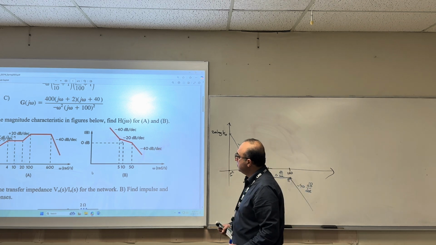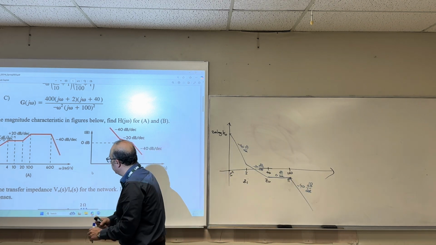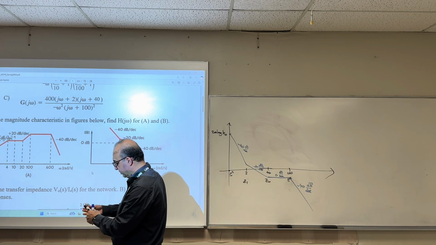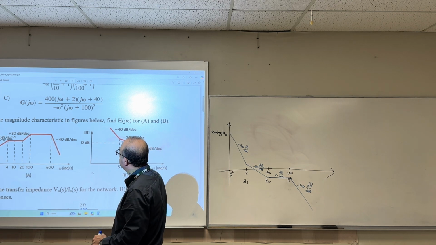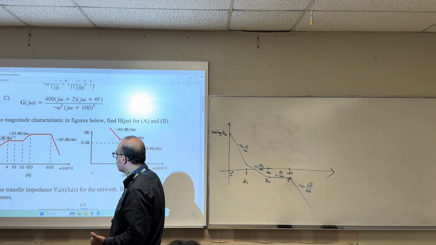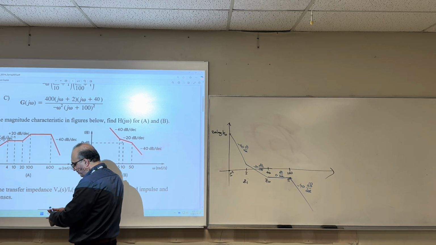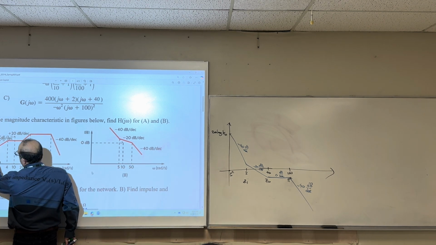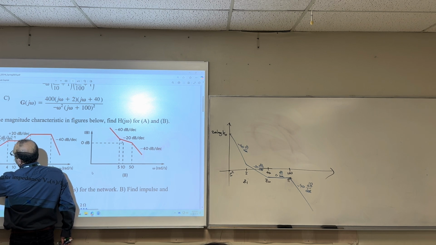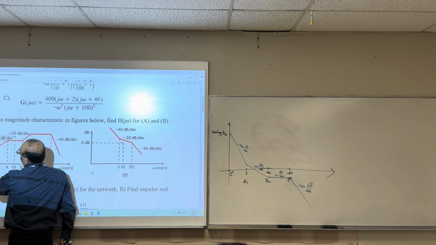Okay, you want to find the H(j omega) transfer function from this Bode plot. We have to find the K0. K0 is going to be something like that.